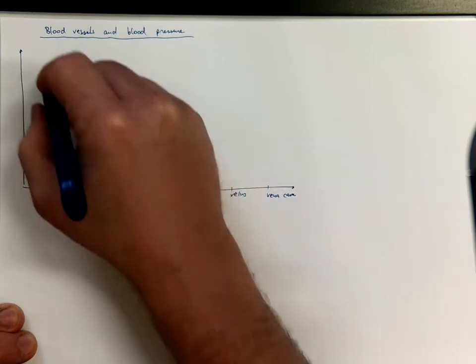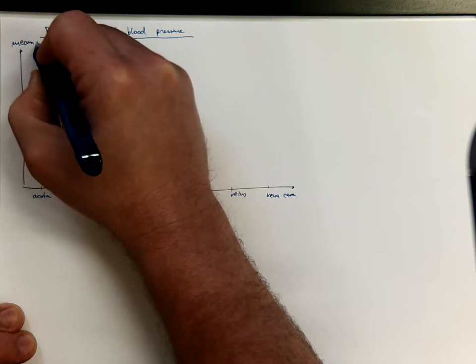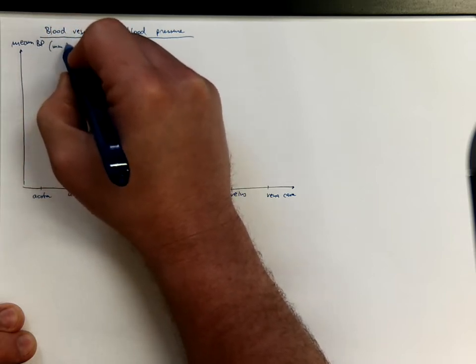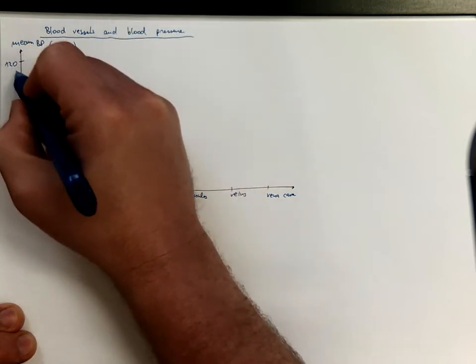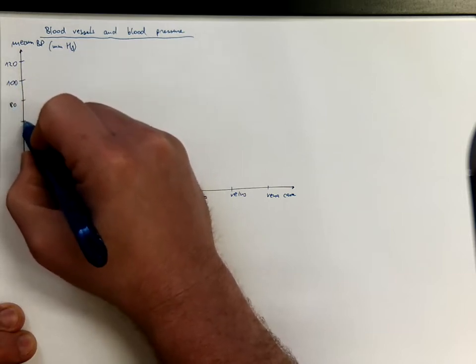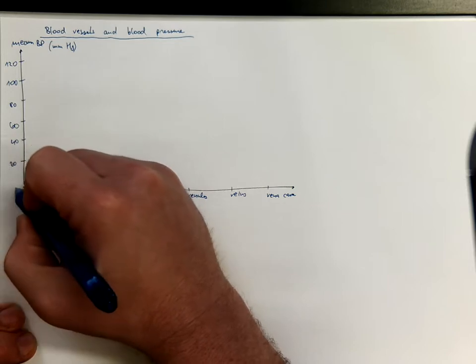And what would be the mean blood pressure there in millimeters of mercury? So here is 120, 100, 80, 60, 40, 20, 0.